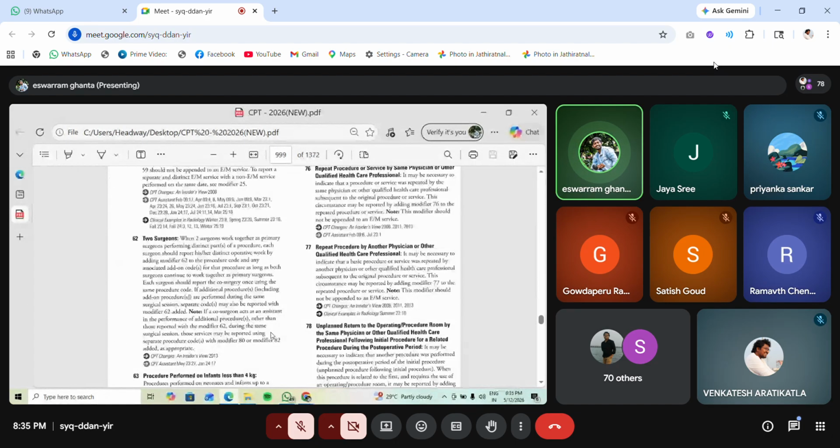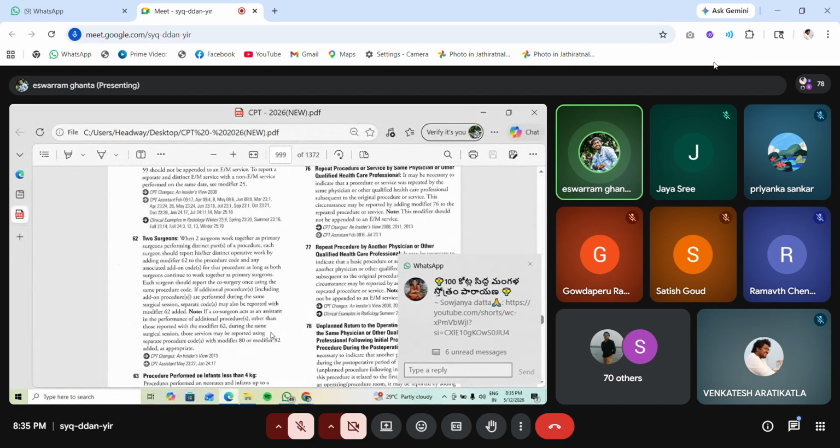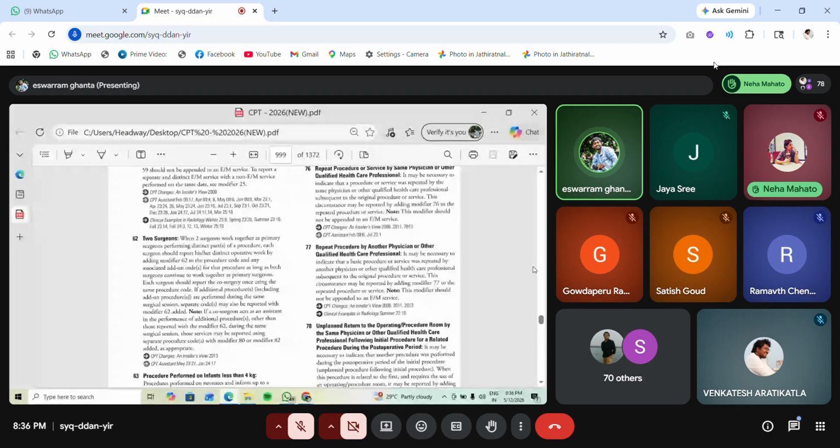Example, I am telling just for your understanding. For a spinal surgery, a neurosurgeon is needed and also an orthopedic surgeon. So those two physicians perform the surgery. In that scenario, for that procedure, we can append this 62 modifier.